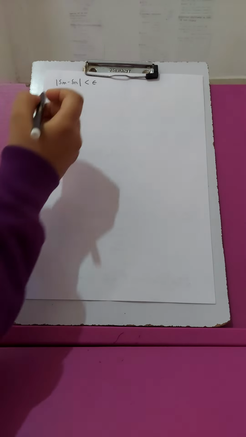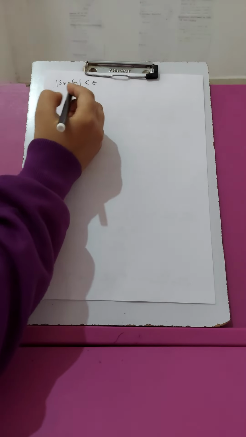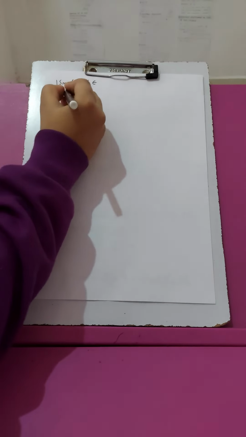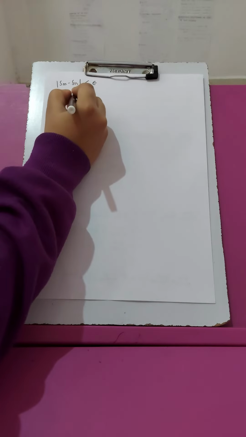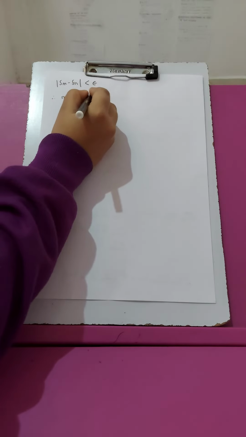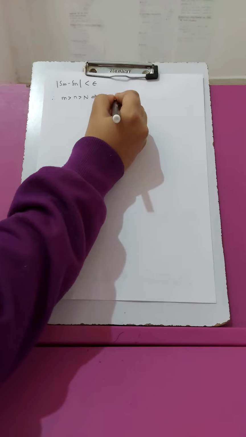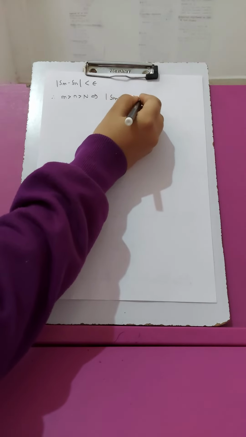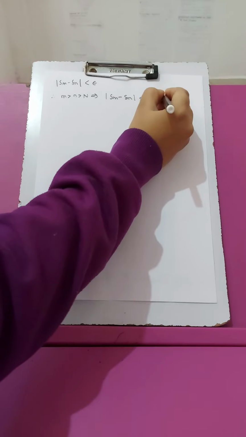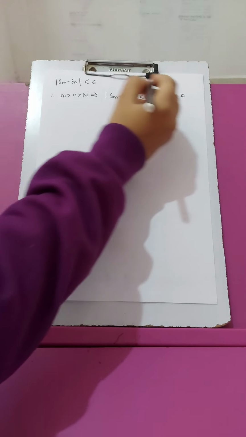So we get |Sm minus Sn| less than epsilon. Therefore for m greater than n greater than capital N, |Sm minus Sn| is less than epsilon for all x belongs to A.